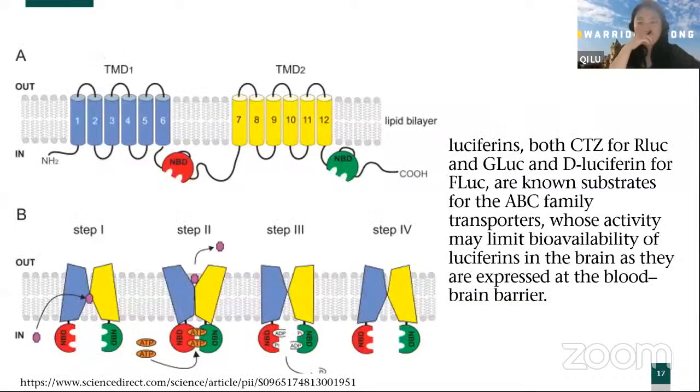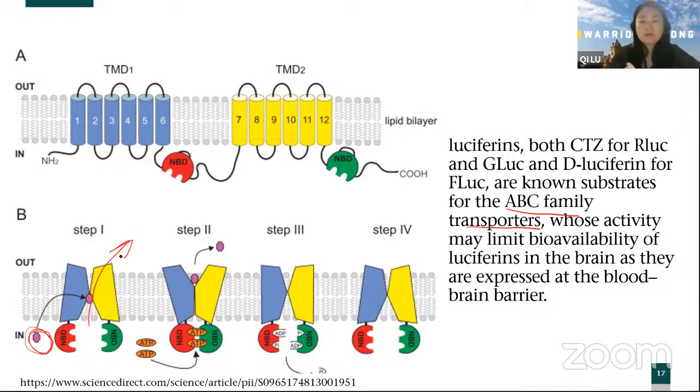Another issue regarding CTZ is that luciferins are a substrate for the ABC family transporter. The ABC family transporter is inserted on the plasma membrane, and it will transport this substrate out of the cells.